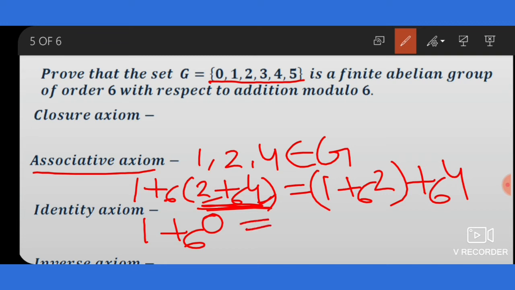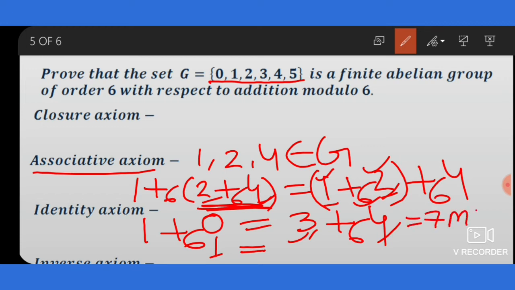Then 1 plus 0 equals 1, and 1 is less than 6, so 1. On the other side, 1 plus 2 equals 3, 3 is less than 6, then 3 plus modulo 6, 4: 3 plus 4 is 7, 7 divided by 6 leaves remainder 1.